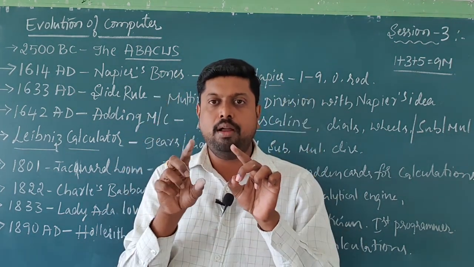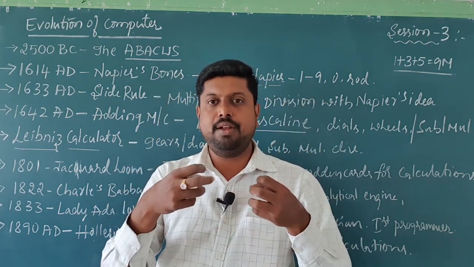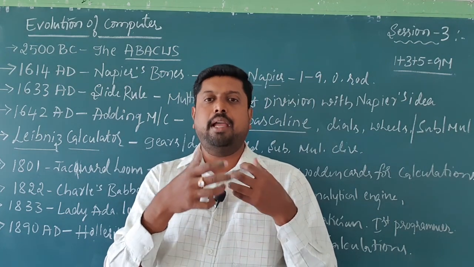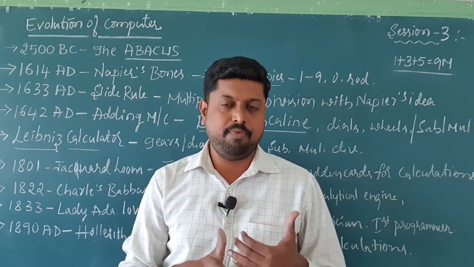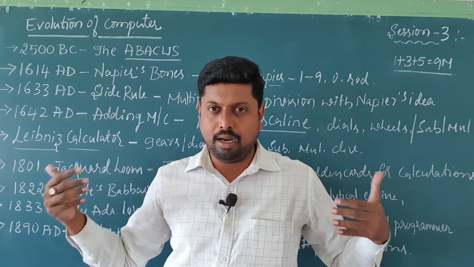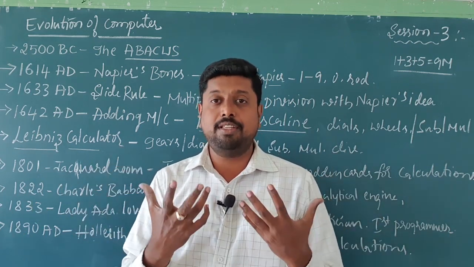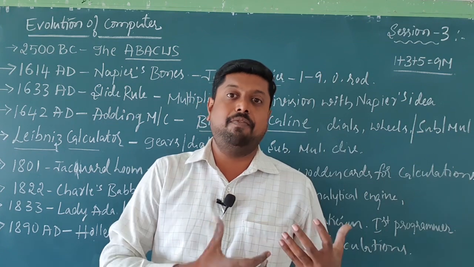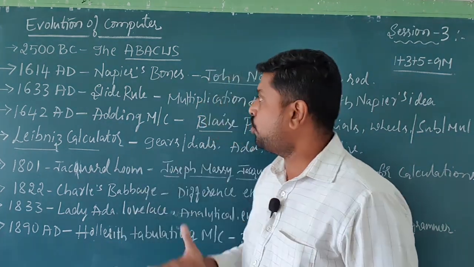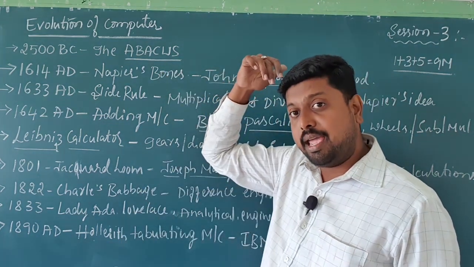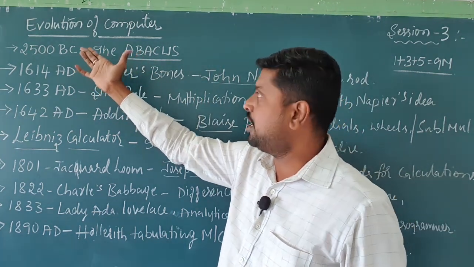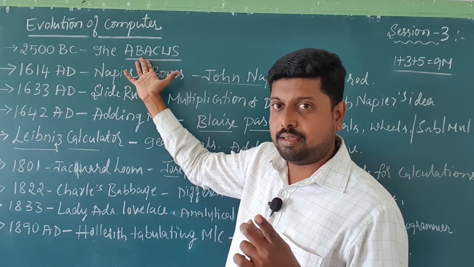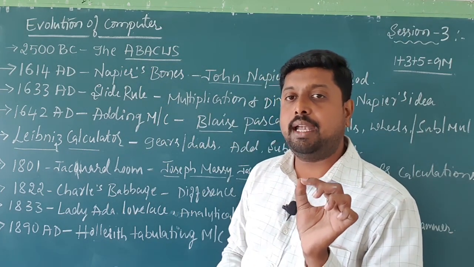With one wooden structure, with the dials, calculations will be more easy. Without any electronics, we have a chance to calculate very easily and very fast. So that device is what we call abacus. In ancient times itself, the device was invented by the Japanese, the first calculating machine.